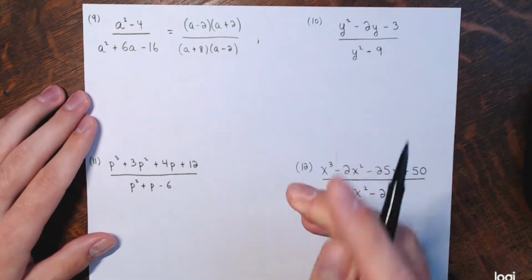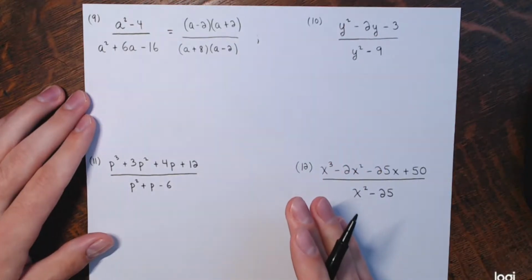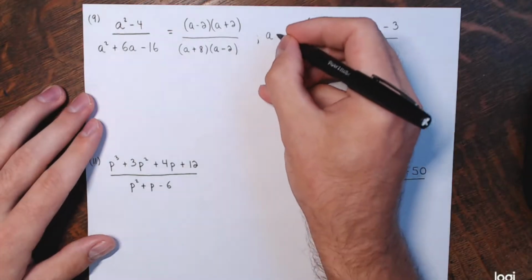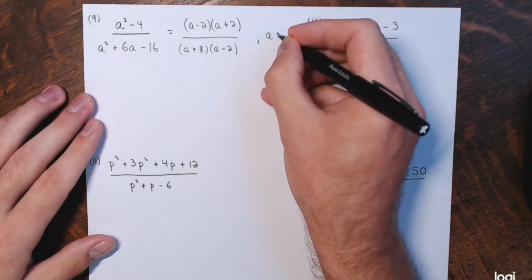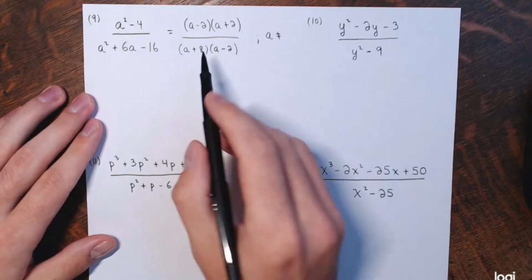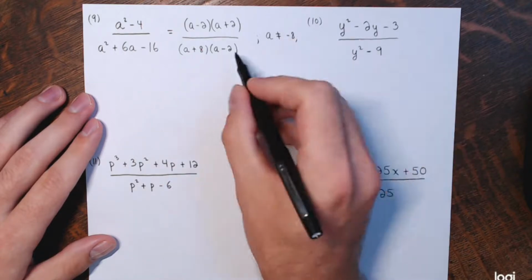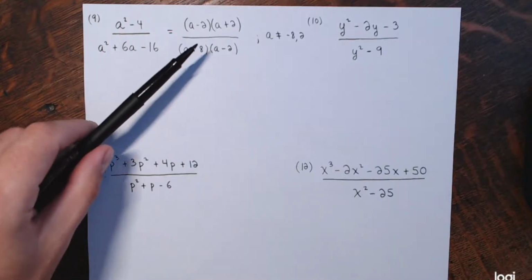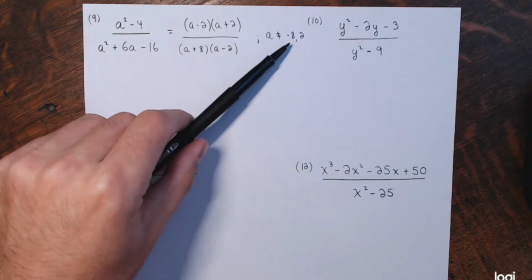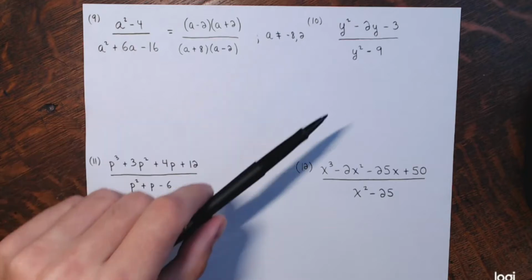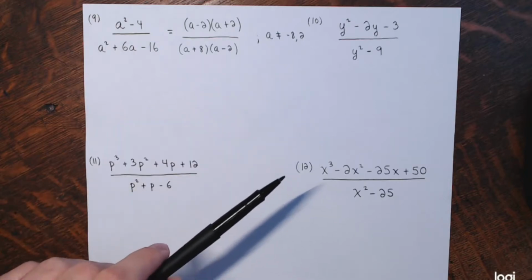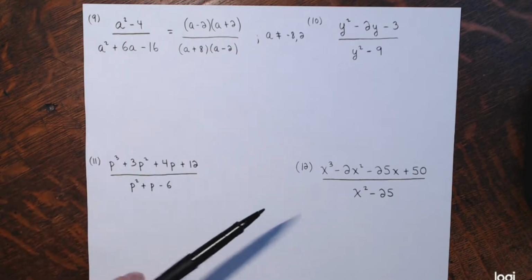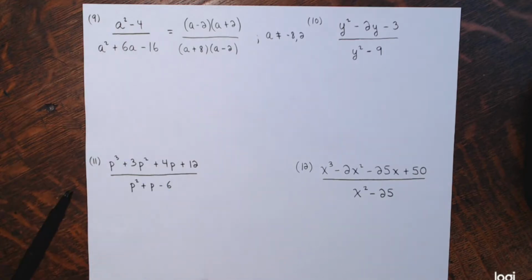Right, and then before I cancel any common factors, I'm going to list what the values of a cannot be. Right? I can't replace a with negative 8 or with positive 2. Alright, so I could replace a with any other value, right? As long as it's not -8 or +2, because those values will make me divide by 0, and that's undefined.